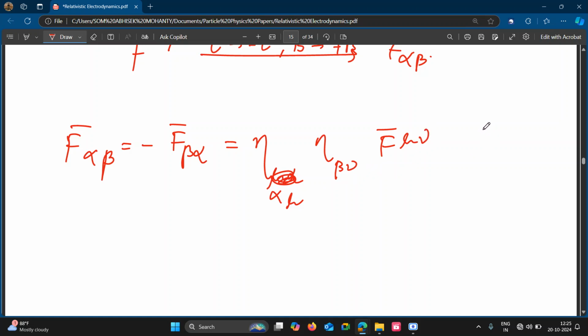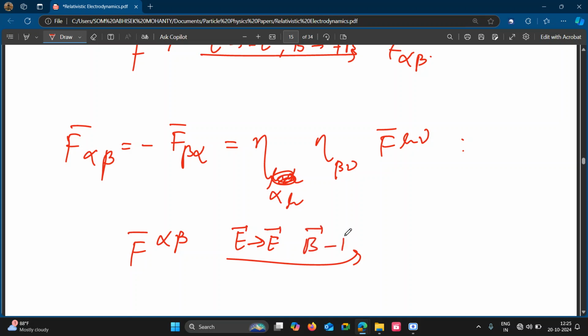So F bar alpha beta can be obtained with E to E and B to minus E, the opposite thing, and we get F bar alpha beta on the downside.